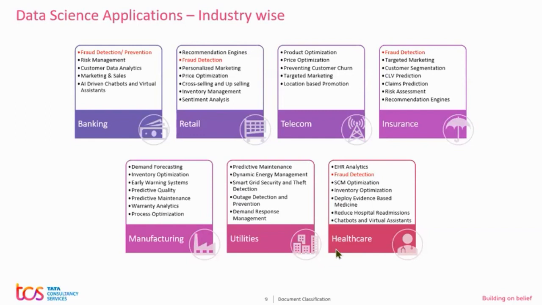What do you make use of as a data analytics professional? You will be making use of cash transactions that are happening. You'll be making use of the customer profile, customer demography and many other features to identify if there are any anomalies in your banking transactions, that is, fraud detection in banking.